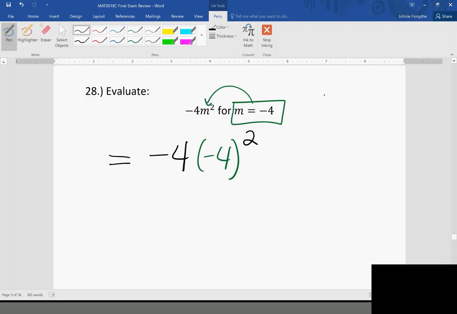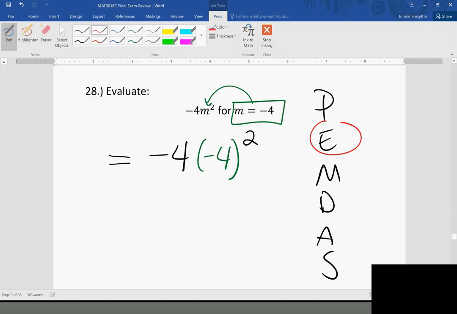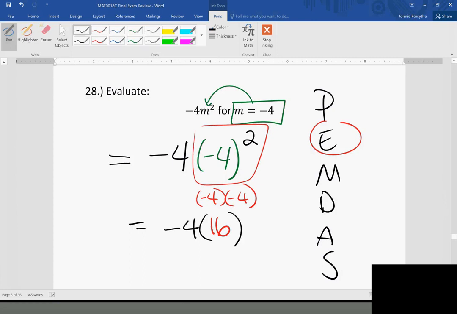So we're going to follow our order of operations, and we are going to evaluate the exponents first. So I have negative 4 squared. That is the same thing as negative 4 times negative 4, which is positive 16. So I have negative 4 times 16.